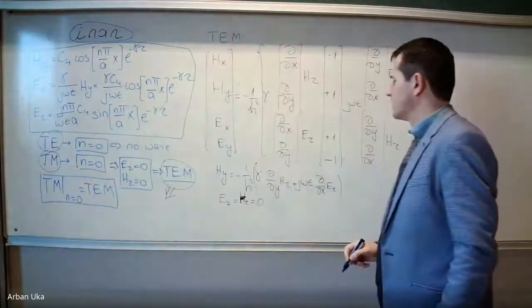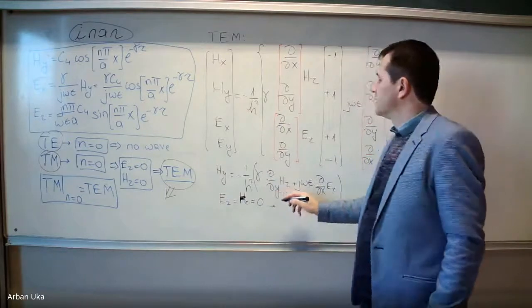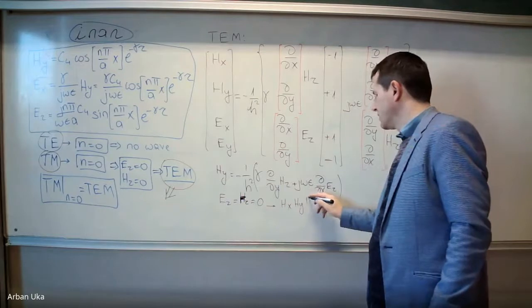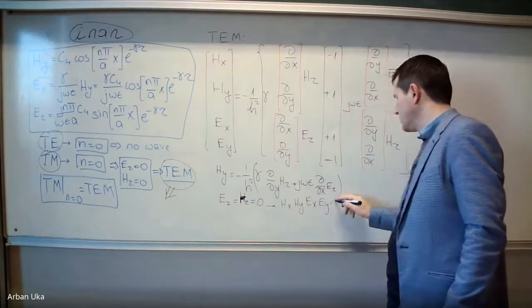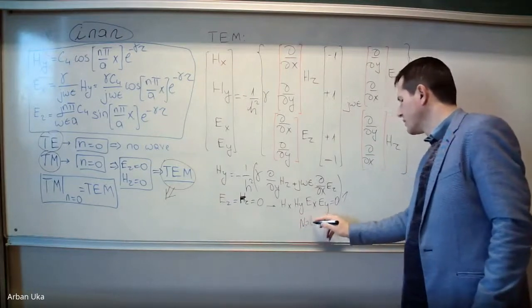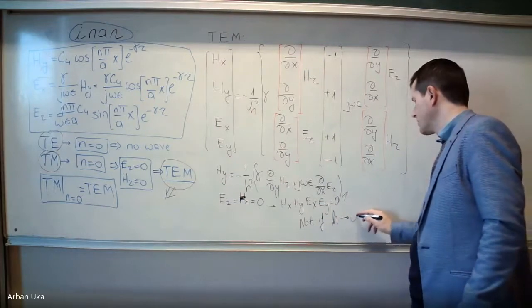Does this mean, or if they converge to 0, does this mean that Hx, Hy, Ex, and Ey are also 0? This is a question. An answer would be the following: not if h converges to 0.